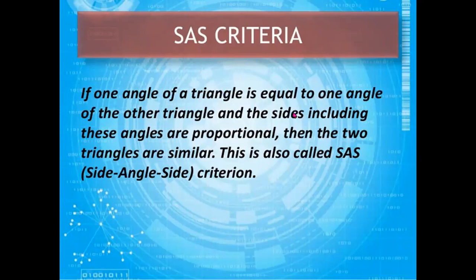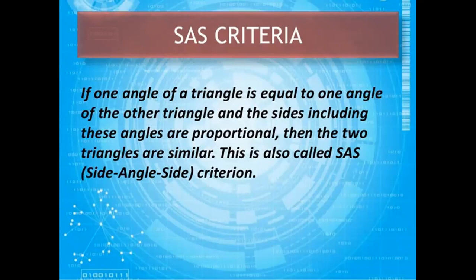So if one angle of a triangle is equal to one angle of the other triangle, and the two sides are proportional, then it will qualify also as similar triangles.